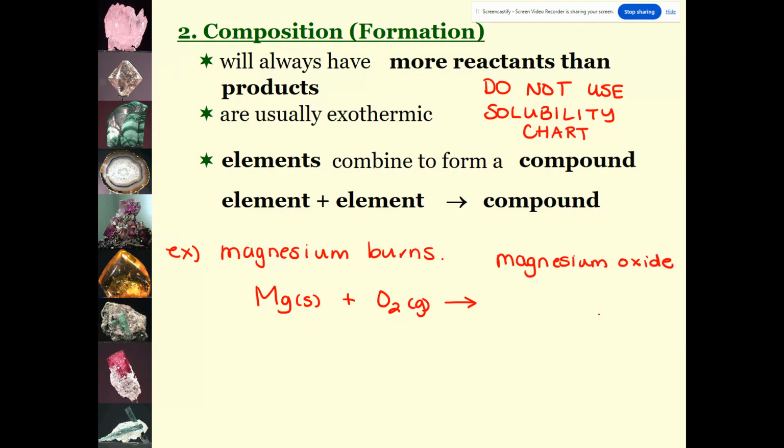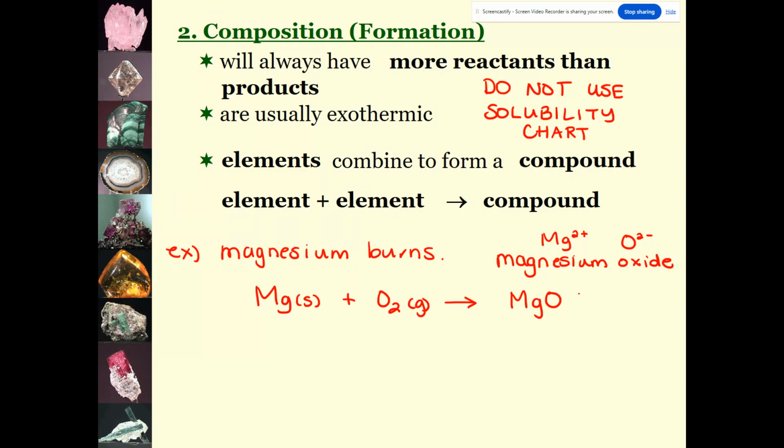Magnesium oxide is an ionic compound because of the metal. So when I write the formula of my product, it doesn't matter how many magnesiums and oxygens are on the reactant side, I have to balance my ion charges. Magnesium oxide is always 1 magnesium with 1 oxygen because of their ion charges.